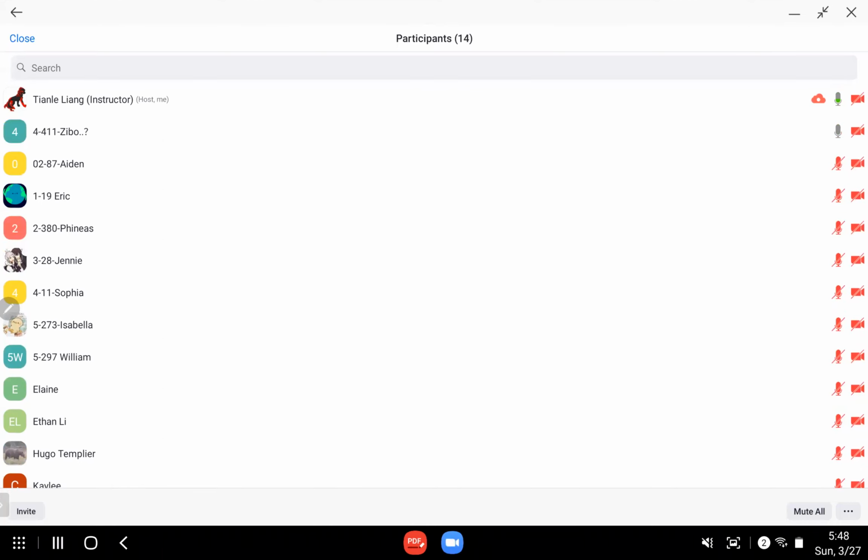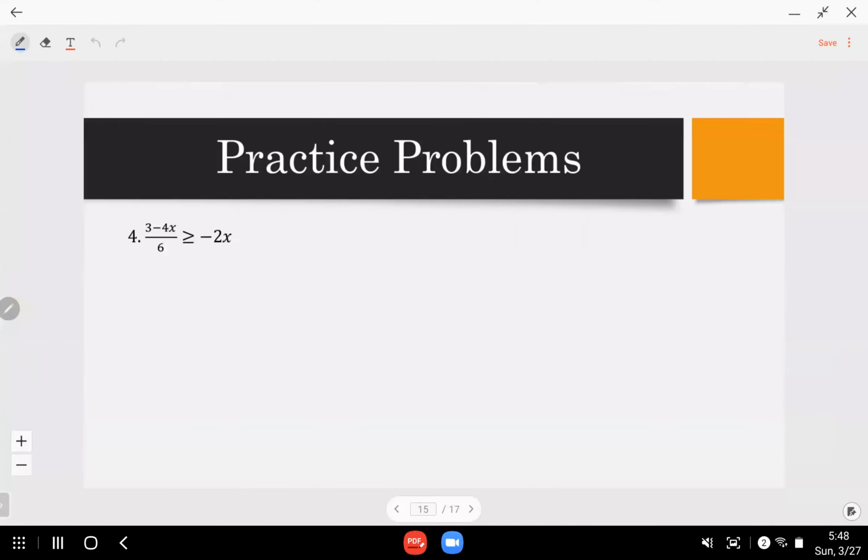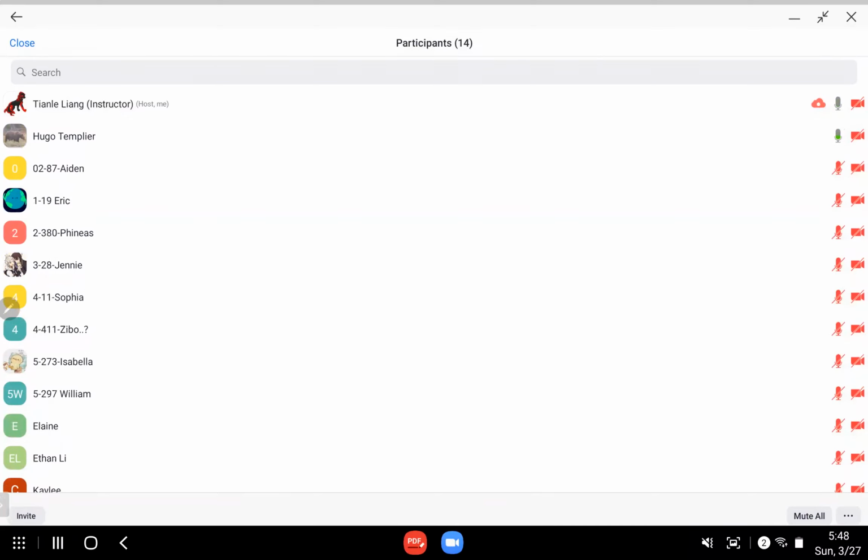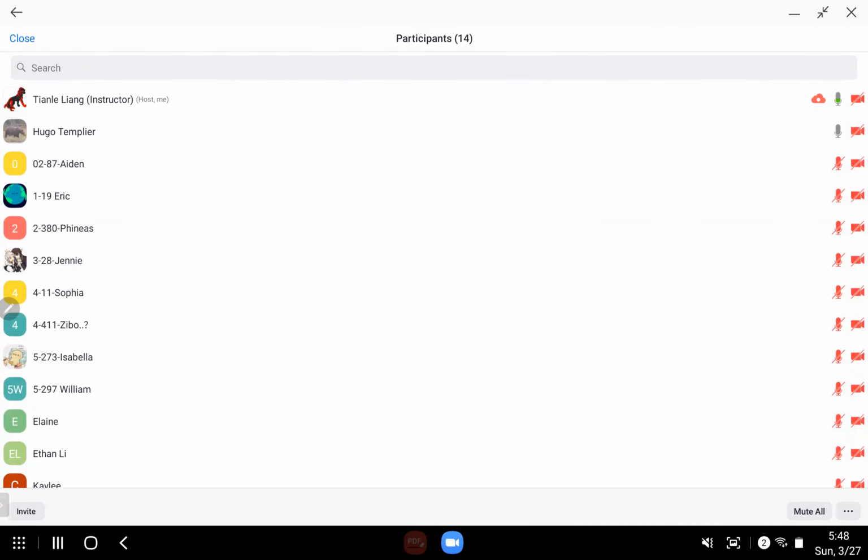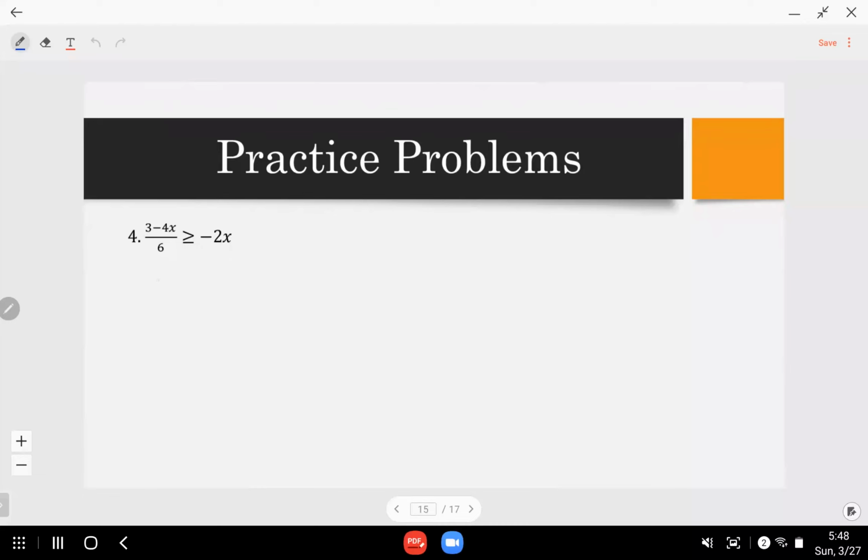I'm pretty sure multiply both sides by 6. Correct. And then after that, we move the 4x to the other side.